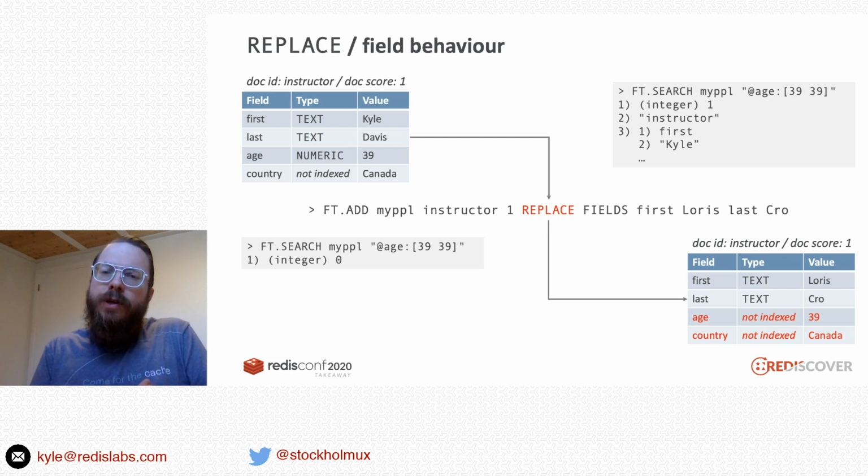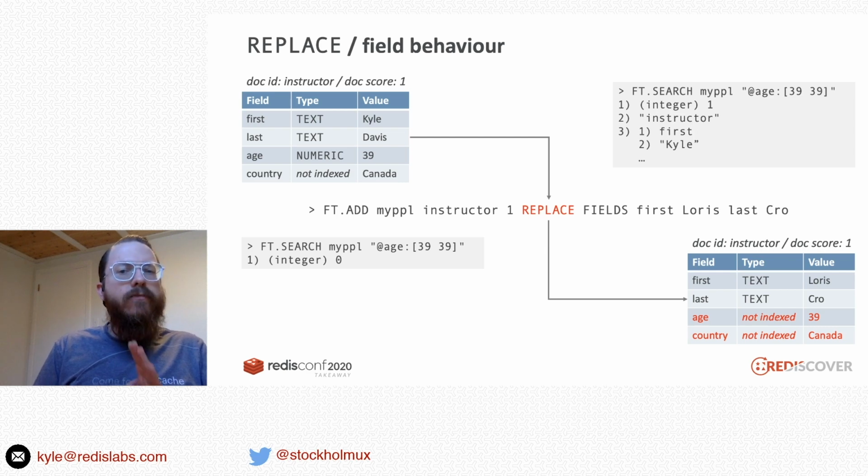So where would you use REPLACE? REPLACE is really used where you're completely overwriting all the fields that are specified in the schema, or it's there for compatibility reasons. I believe REPLACE existed quite a bit before REPLACE PARTIAL, but for the most part, many people want REPLACE PARTIAL.